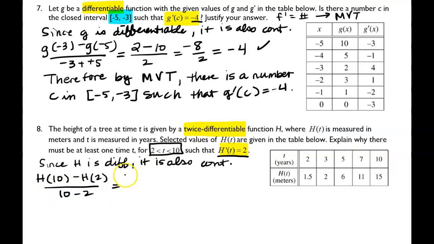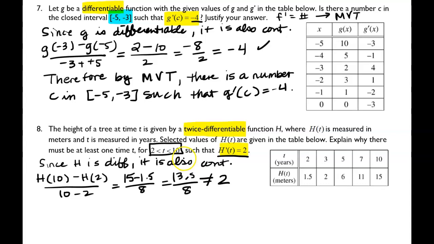So 10 is 15, and 2 is 1.5 over 8, and so I get 13.5 over 8. That, I don't know exactly what that is, but I know it's not equal to 2.